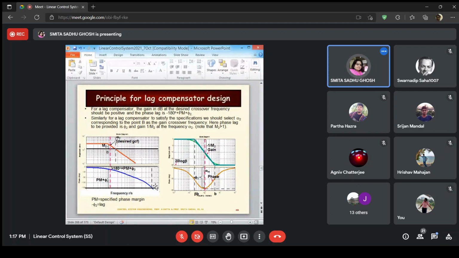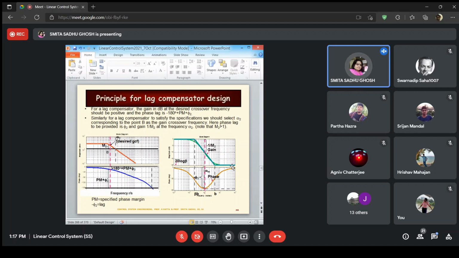This corresponds to the tabulated frequency versus phase and frequency versus gain, so it's going to be some sort of plot like this. A generalized one is what we have put over here. On the right hand side, we have the asymptotic magnitude and phase plots for the Bode response for the lag compensator. This we had done in the previous class.